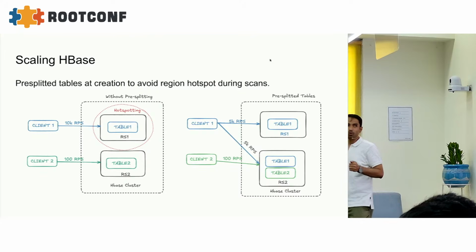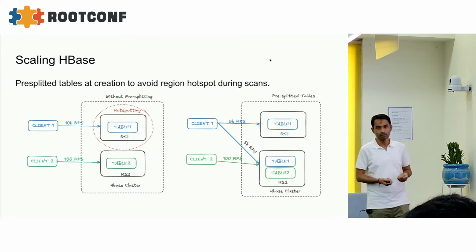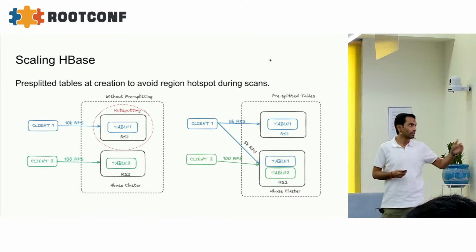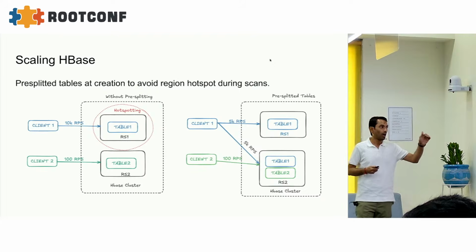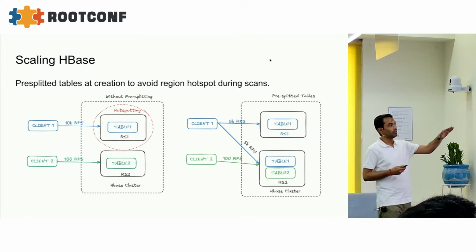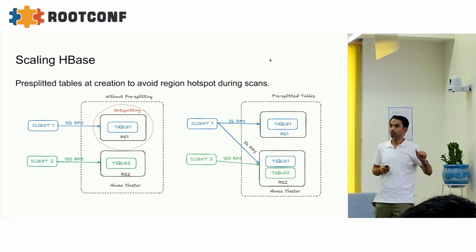To avoid that, we pre-split tables at creation time to avoid hotspots during scans. On the left, you can see for client 1, table 1 was mapped to region server 1, that is a physical shard.